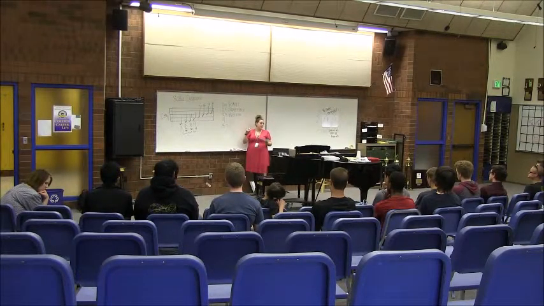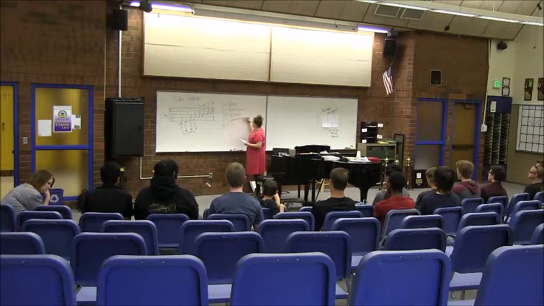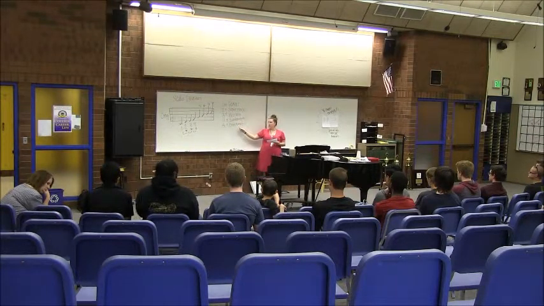So it's the middle, the mediant, okay? 4 is subdominant. How I remember that one is because 5, which is so, the female solfege, is dominant. So underneath, so sub, is the subdominant, and that's 4.